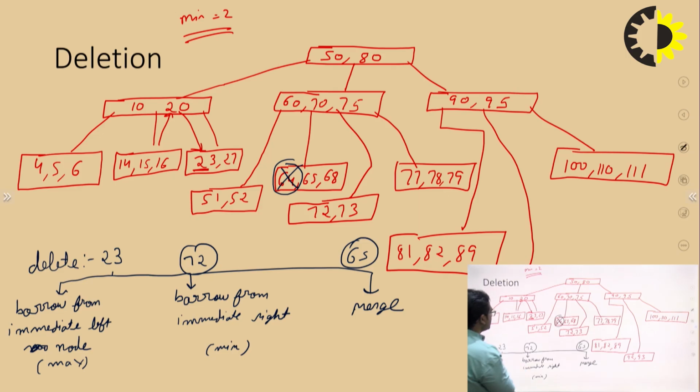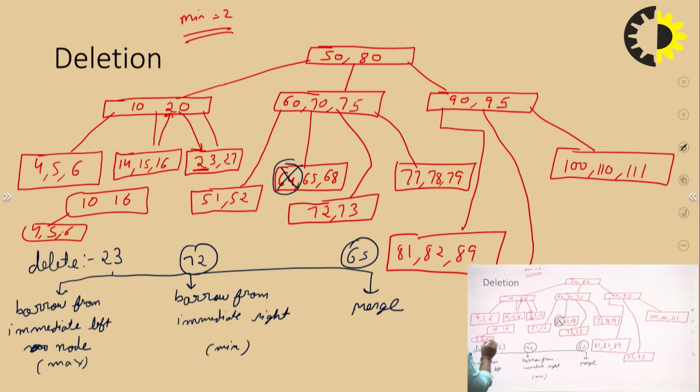I can draw it here after deleting 23: 10 and 16, here 4, 5, 6, and 10, 14, 15, and here 16, 20, 27. This is the updated one. So 16 goes to the upside and 20 goes to the bottom side.